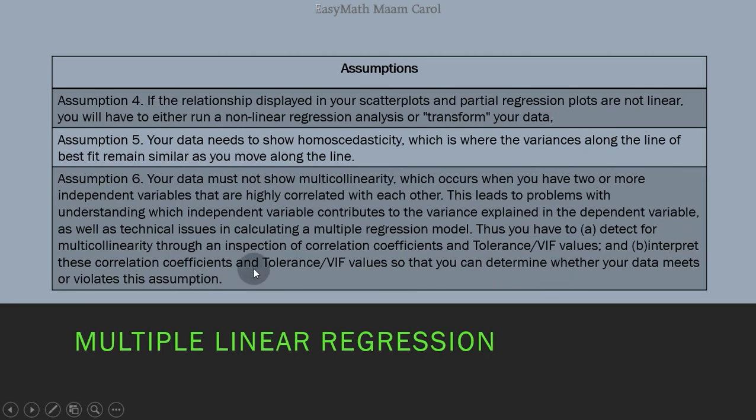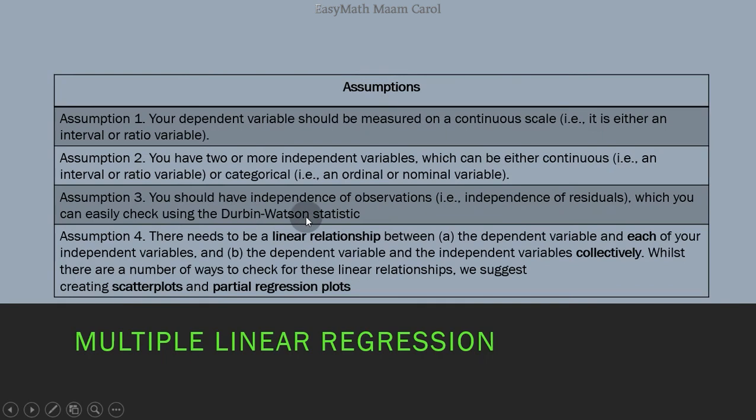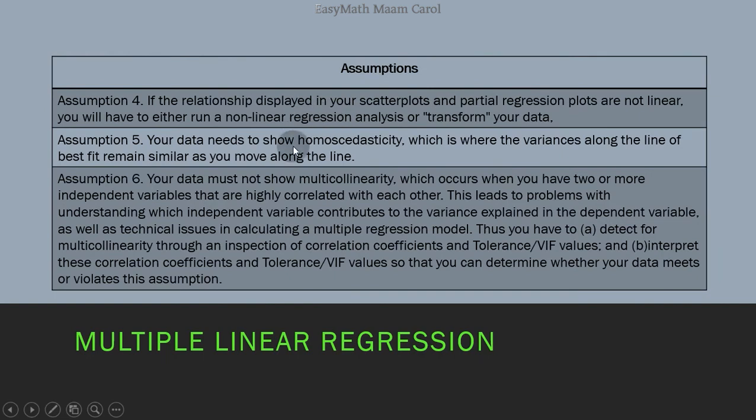Okay, and then you have to interpret this so that you can determine whether your data meets or violates this assumption. Aside from Durbin-Watson, you do a scatter plot test, you do a homoscedasticity test, and then you do these tolerance VIF values to be able to perform a multiple linear regression.